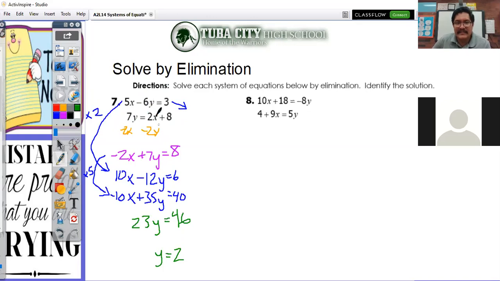Again, it doesn't really matter too much, but I'm going to plug it into this one. So 5x minus 6 times 2 equals 3, because I plugged 2 in for y. And let's go ahead and work on this. So 5x minus 12 equals 3.